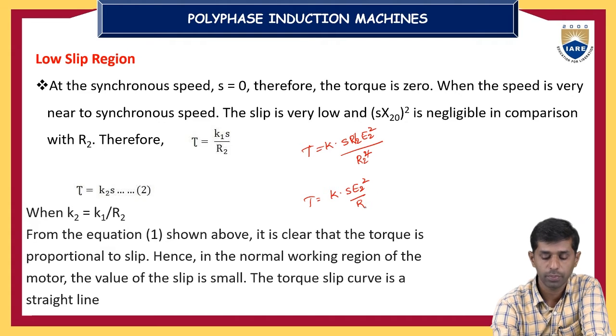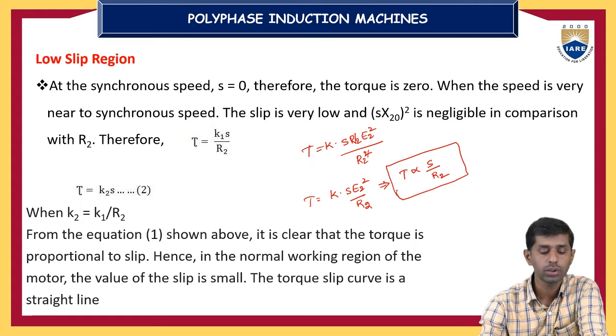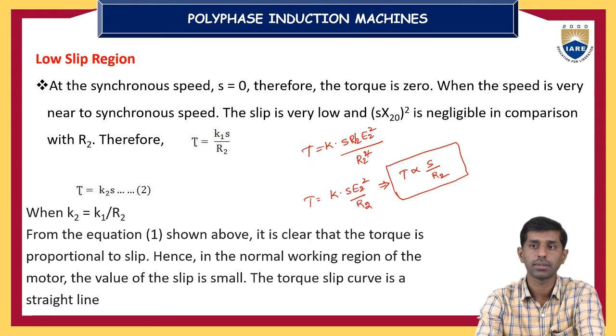From this we have a relation: torque is proportional to the slip and inversely proportional to the rotor resistance. Under the low slip region, torque is directly proportional to the slip and inversely proportional to the rotor resistance.